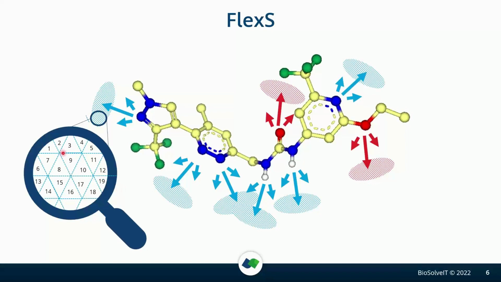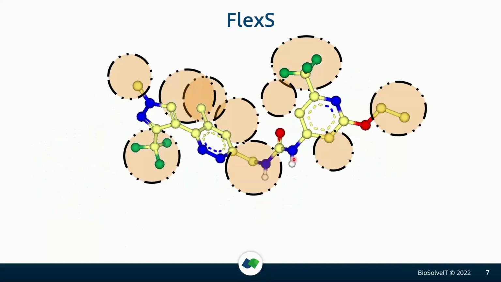So you have an atom. This atom has some interaction properties, and SeeSAR calculates perfect matches for an interaction partner in triangle shape. It does so for all H-bond acceptors. It also does the same for H-bond donors, and also with lipophilic groups and moieties.